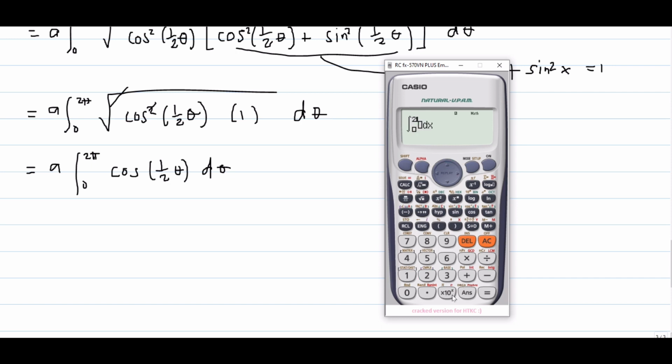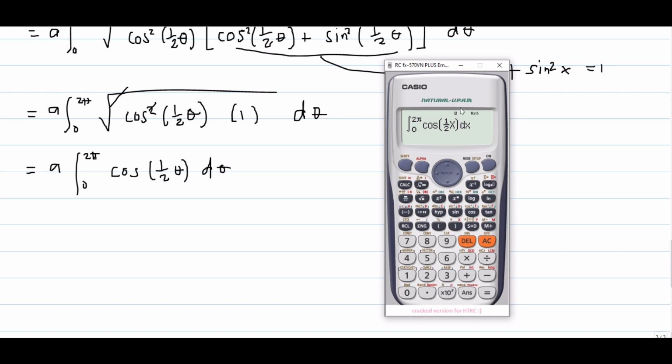So 2 pi, so we have cosine, then 1/2, then alpha x. So we need to set the radian mode since our solution is in the trigonometric function.